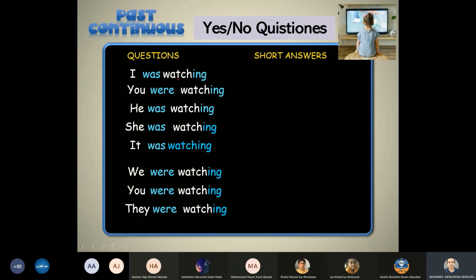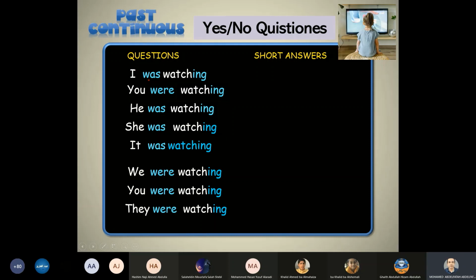I was watching TV. I was watching. Here we start the sentence with the subject I, then the auxiliary verb was or were plus ing. When you come to make a question or yes or no question, simply start with was. Don't forget when you start the question, make your sentence start with a capital letter.